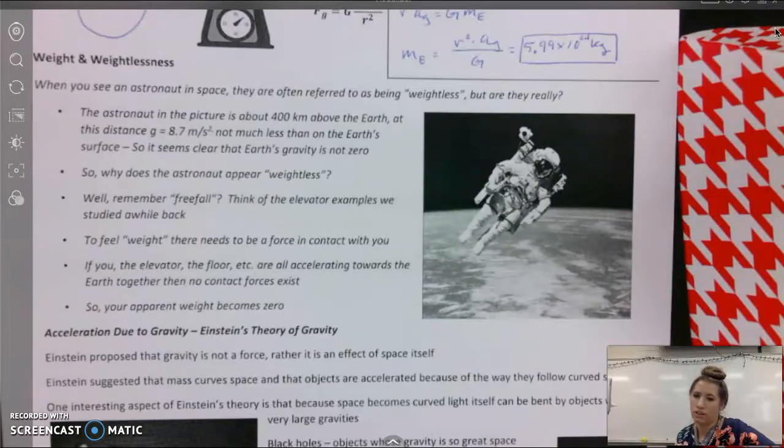They're just falling at the same rate as the Earth is moving out from underneath them. And it goes back to that orbiting idea. So that's why they feel weightless. They're not getting any closer or further away from the Earth.